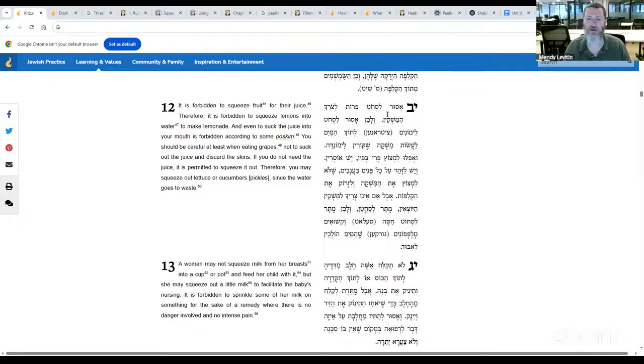So it says like this: Asur lischot peiros l'tzorech hamashkin. To squeeze fruits just for the liquids, like to drink the juice, is prohibited on Shabbos. See the footnotes on that. V'chein asur lischot limonim. He says limonim are citron.